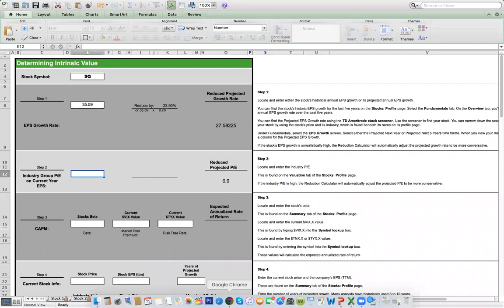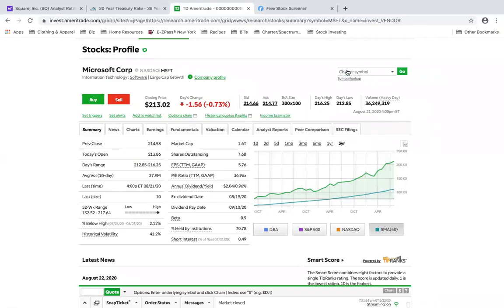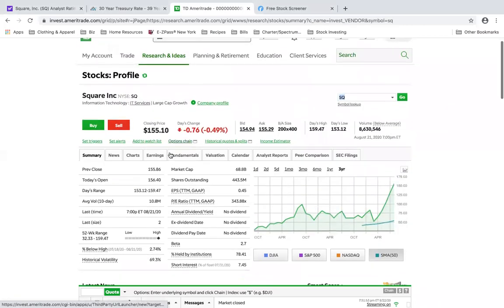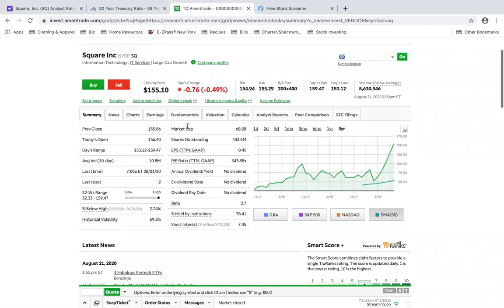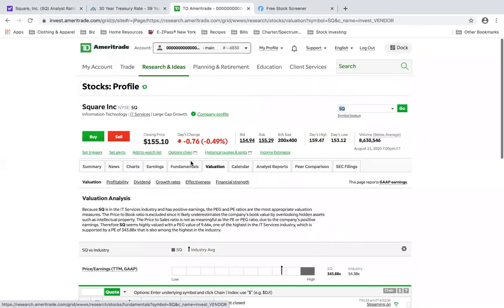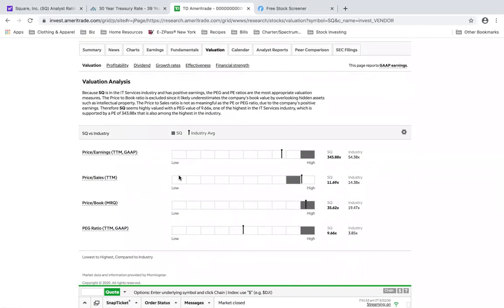I was gonna put it in through Ameritrade. Was it SQ? Yeah, and on TD Ameritrade, you can find it up here, but I forgot where I found it under FinViz. And industry PE would be over here, 54.38.